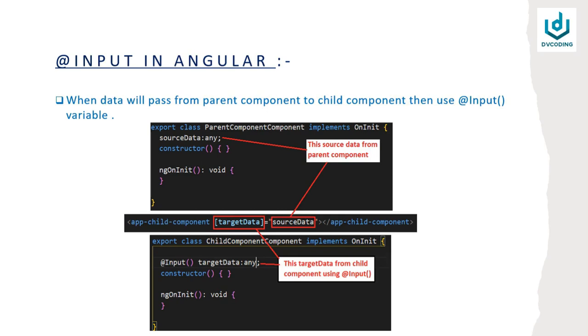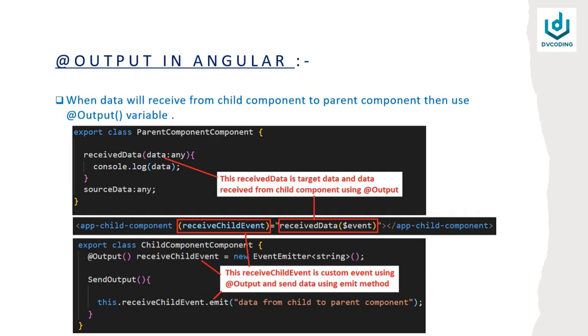When data passes from parent component to child component, use the @Input variable. Source data will be defined in the parent component and target data in the child component with the @Input variable.